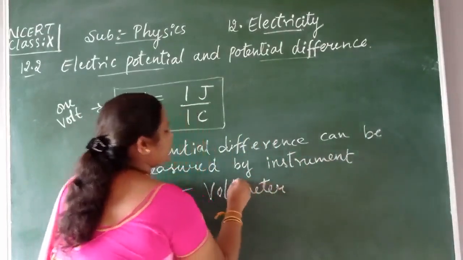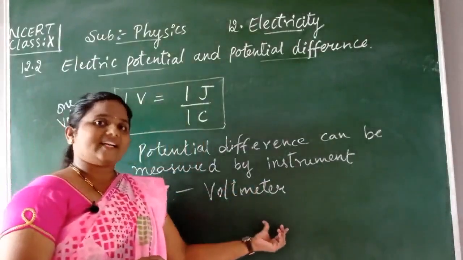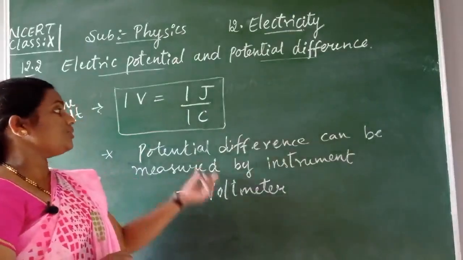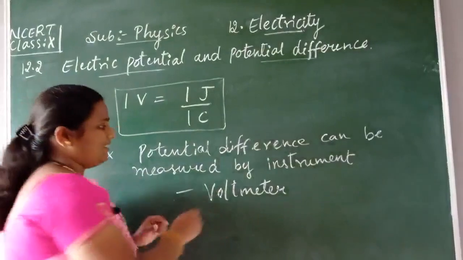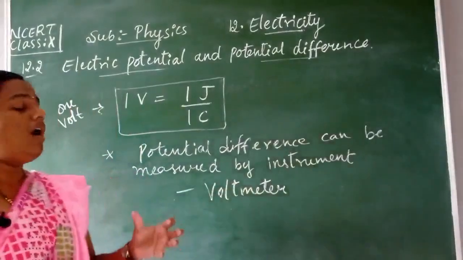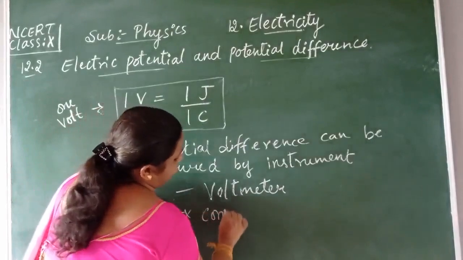Remember, to measure the presence of an electric current we use an ammeter, whereas to measure the potential difference we use a voltmeter. Got it, children? And remember, a voltmeter should always be connected in parallel.